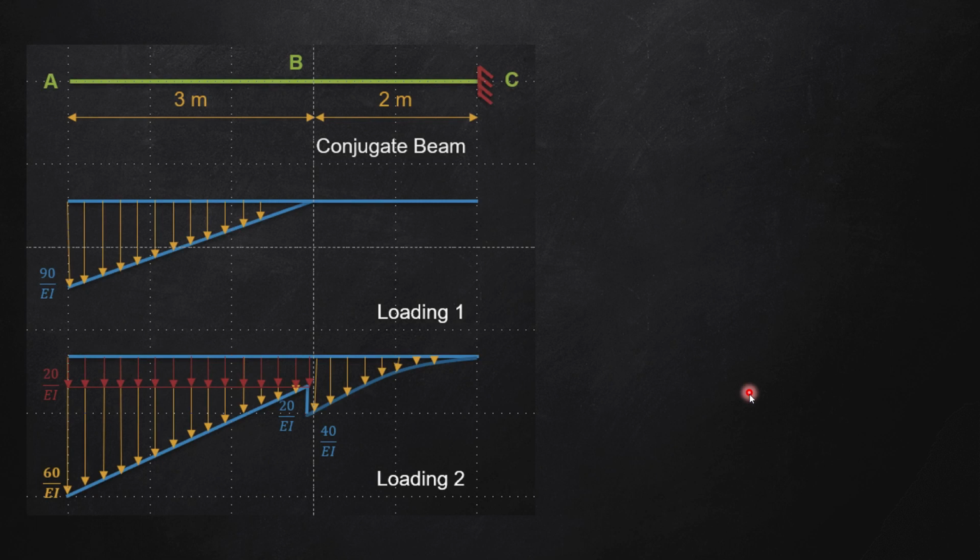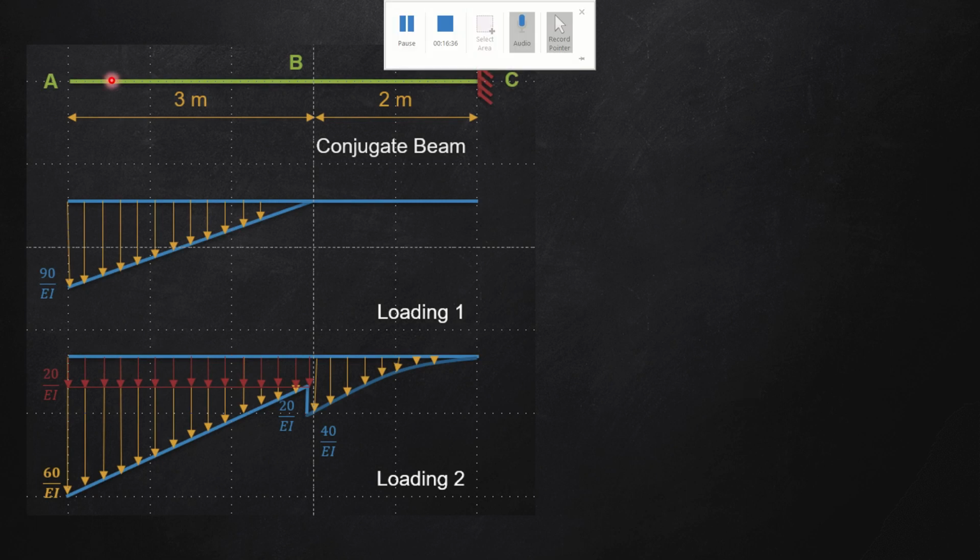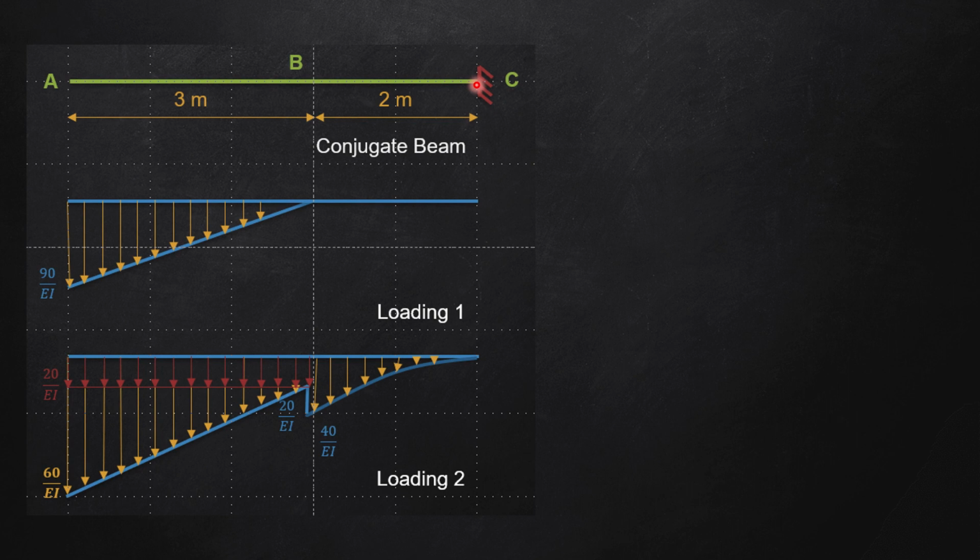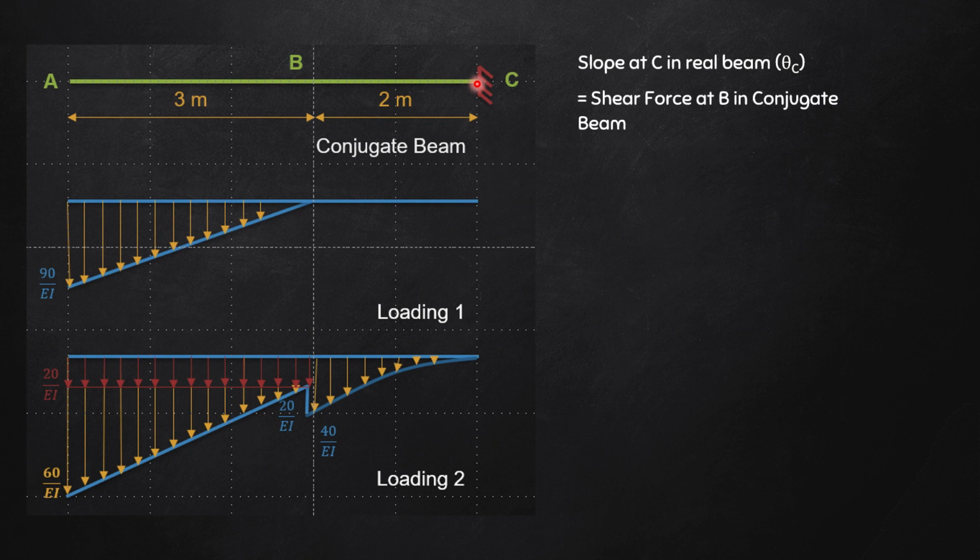Similarly, now we have to find out the slope at C. Now, slope at C in real beam, that is theta C, is nothing but what? It is the shear force at C in the conjugate beam. If you find out the shear force at C, we can get the slope at C in the real beam.